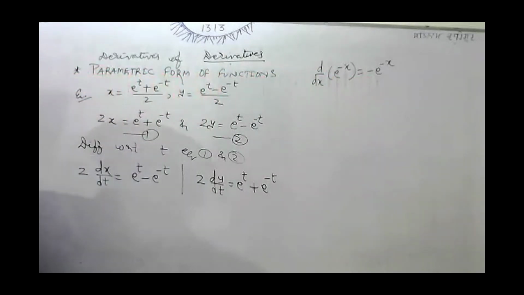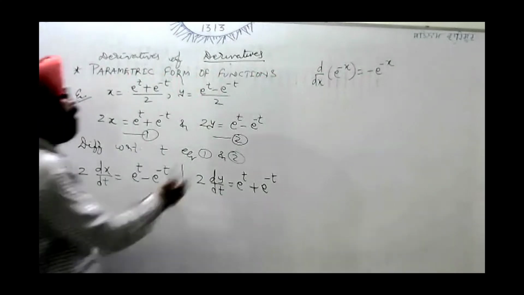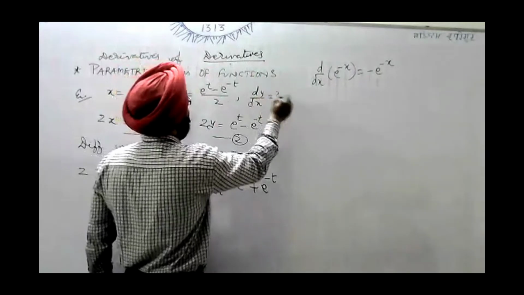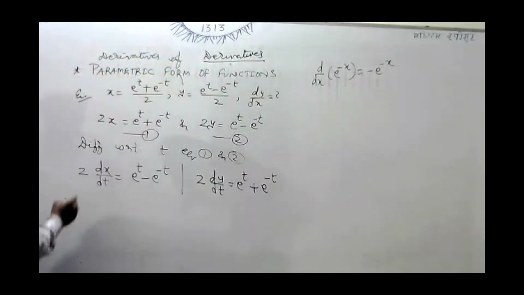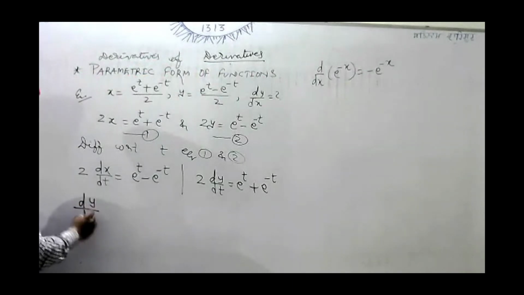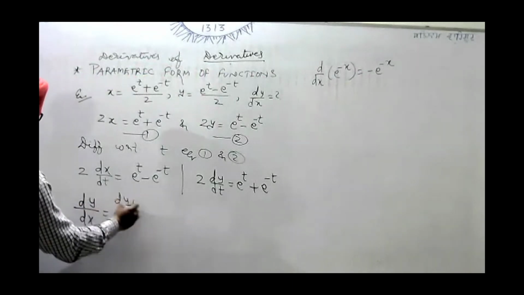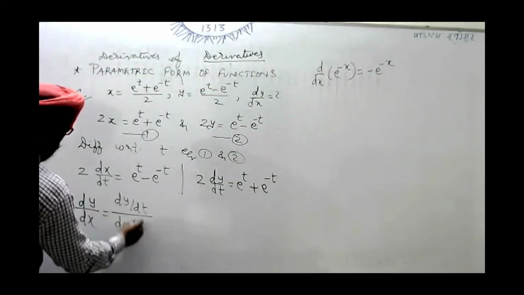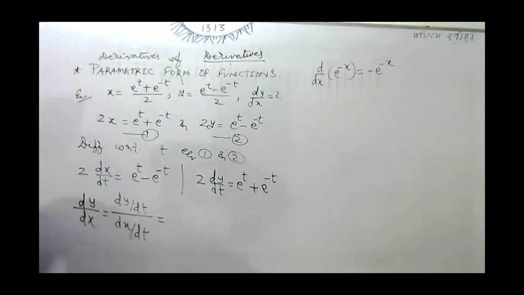Now, what we have to do, we need to find dy by dx. Question was find dy by dx. So we write dy by dx is equal to dy upon dt over dx upon dt. Only thing we can do is to substitute the values from here.